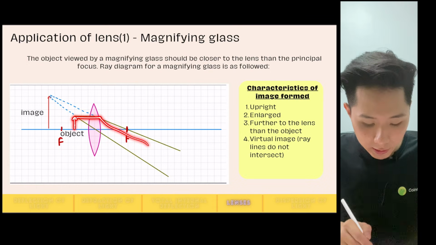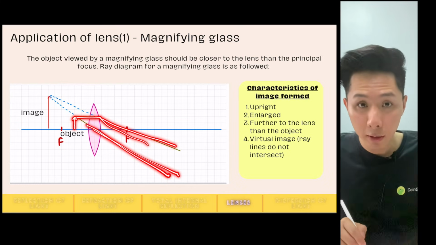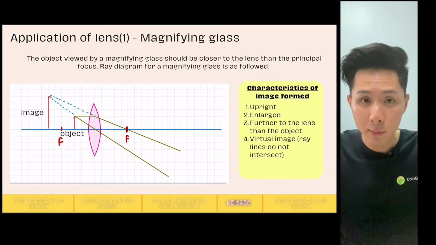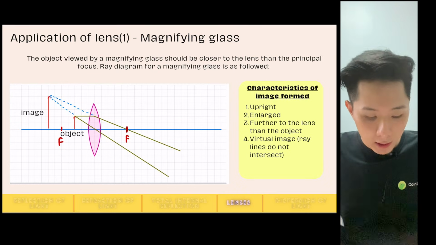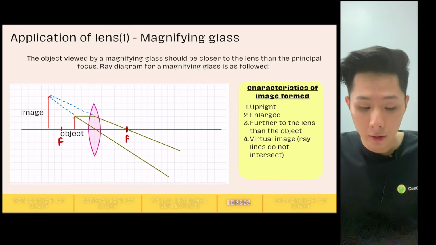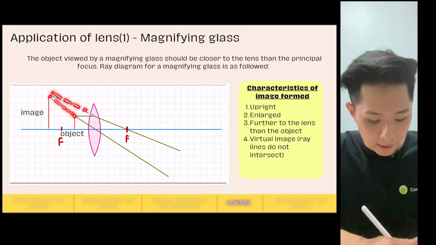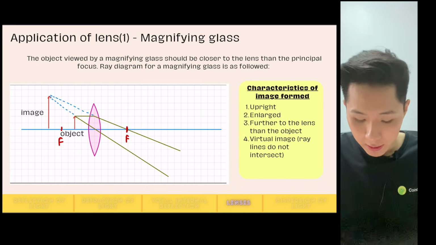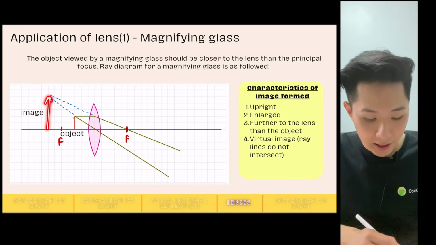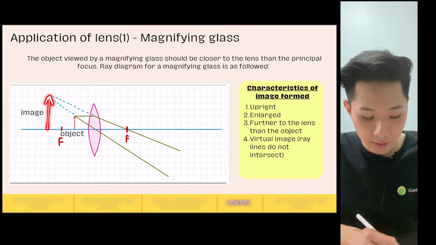And when I draw the ray diagram here, you can see that none of these light rays intersect with each other. In fact, they even spread out. And therefore, just like what we learned in the reflection of light, we always extend them backwards, and then we form an image. So this is when I have an upright image instead of an inverted image, because I have an up arrow instead of a down arrow.